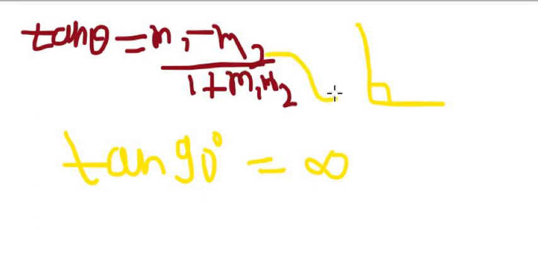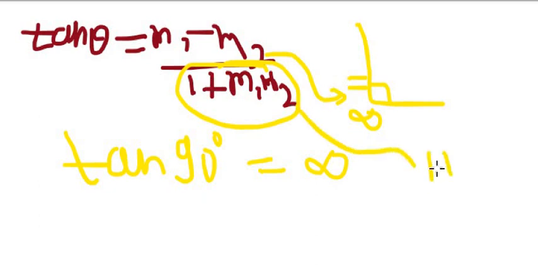So this equation will be equal to infinity, and if this equation is infinity, that means the denominator equals 0, since something by 0 is infinity. So from here 1 plus m1 into m2 is equal to 0.